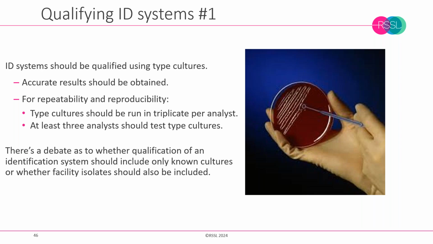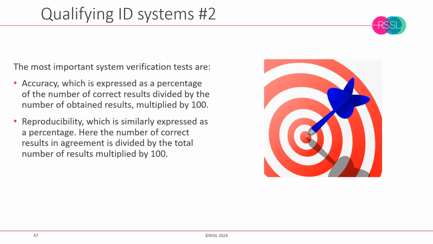It can always become challenging when we're looking at environmental isolates against 2 different systems, and we do need to be careful there. We also want to run a sufficiently large number of organisms so that we can develop our qualification with sufficient accuracy.